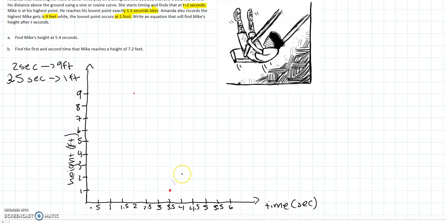So from here, we could assume that 1.5 seconds after that, which is 5 seconds, Mike reaches his highest point once again. So from here, we could draw our graph. And shown in the graph, we could see that it is a cosine graph.